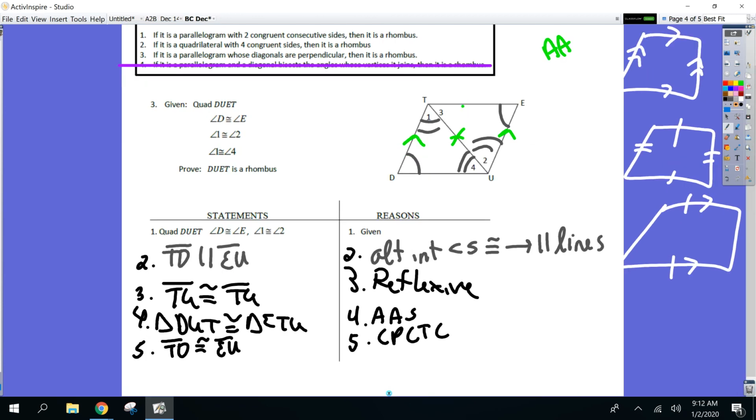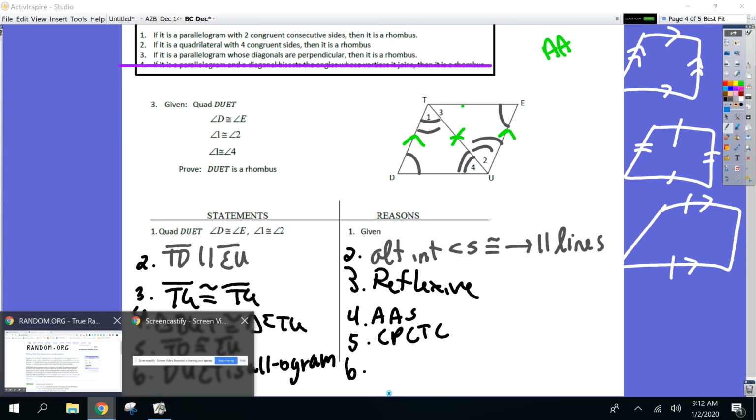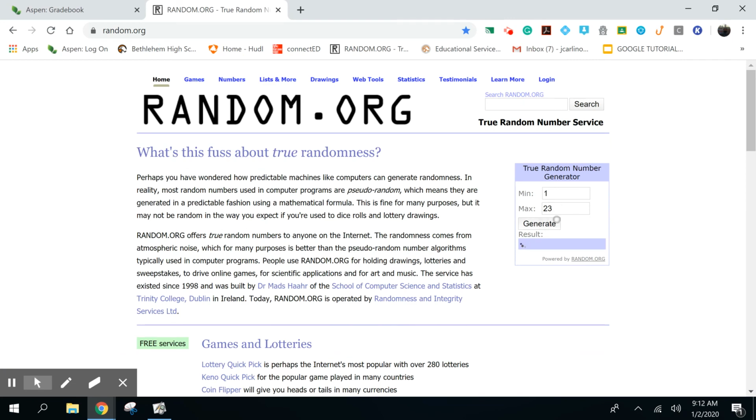Now do I have a parallelogram? DUET is a parallelogram. Why? Remember, I don't want special case, right? What's the special case say? Here you go.